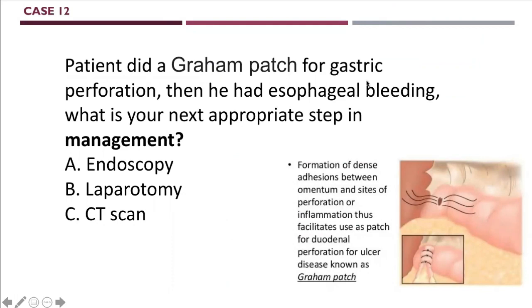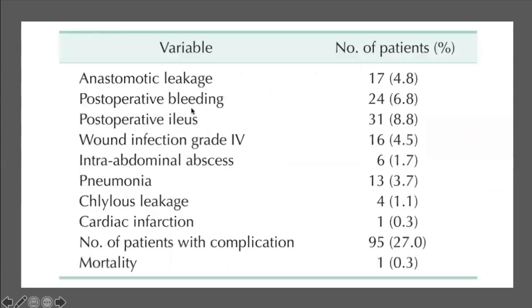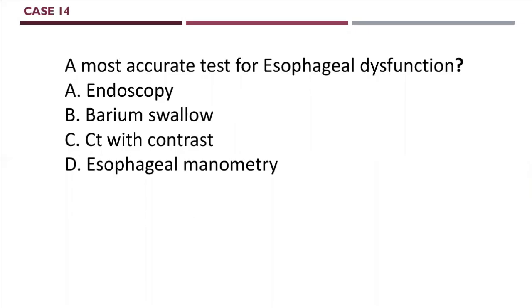Regardless, if you have just esophageal bleeding, you want to do a scope. I looked at Graham patch complications, and they are usually leakage or post-operative bleeding, post-operative ileus, infection, intra-abdominal abscess, pneumonia, and others. But if you have esophageal bleeding, you would do endoscopy.